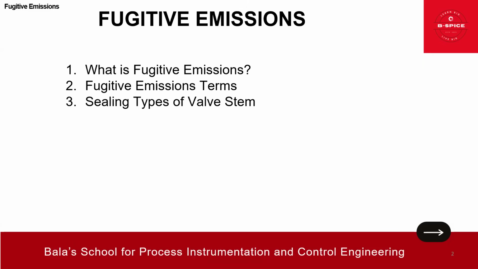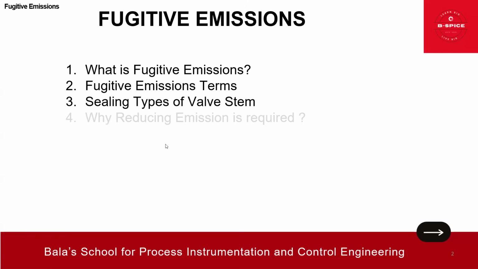So in this session, we'll talk about what is fugitive emission and the terminologies involved in the fugitive emission to understand better. Then the sealing types. What are the different types of sealings of valve stem?